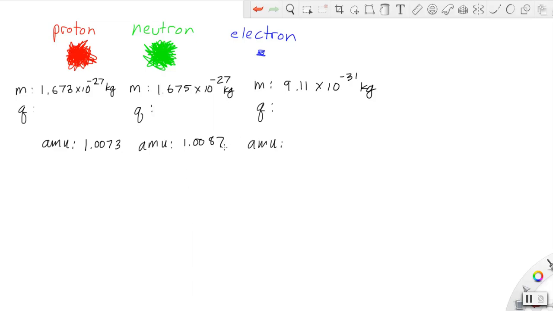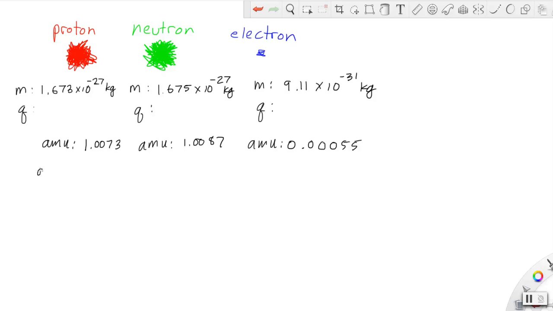See, slightly larger. If we wanted to look at the electron, well, my goodness, that is quite small. It is 0.00055 atomic mass units.